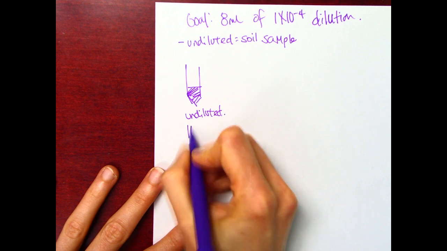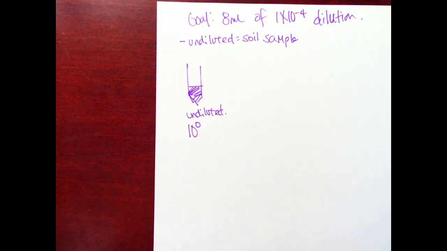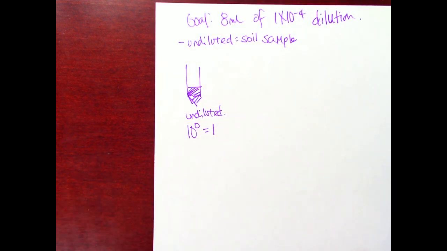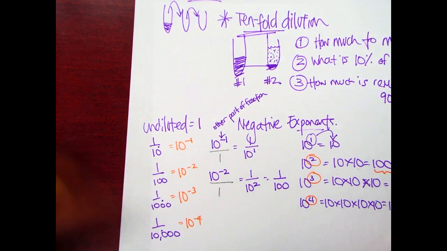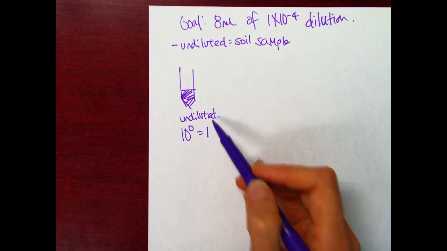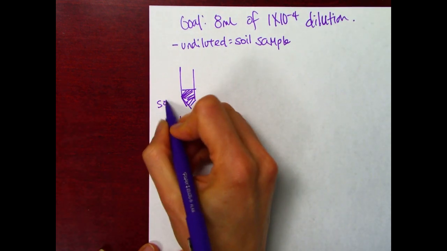Some people will call this the 10 to the 0 sample, because if you know a little bit more about exponents, you know that 10 to the 0 is 1. And so it's a way to write 1 and still keep our pattern of 10 to the something. So this is the undiluted, the 1, or the 10 to the 0. But in any case, it is the soil.